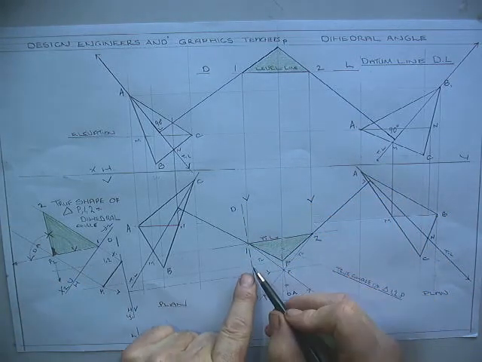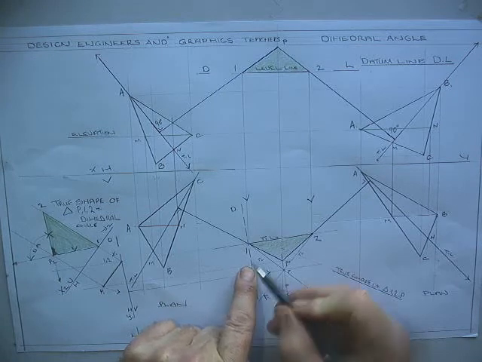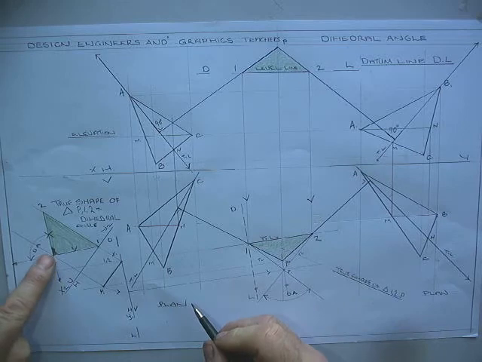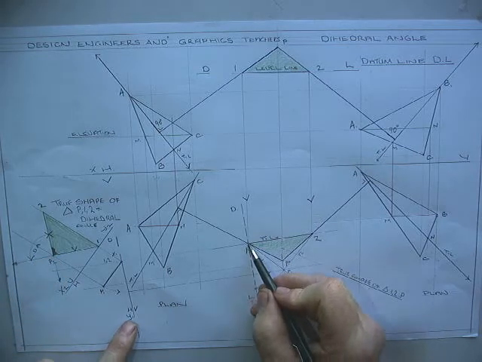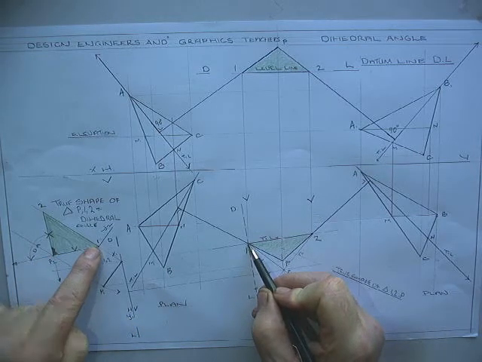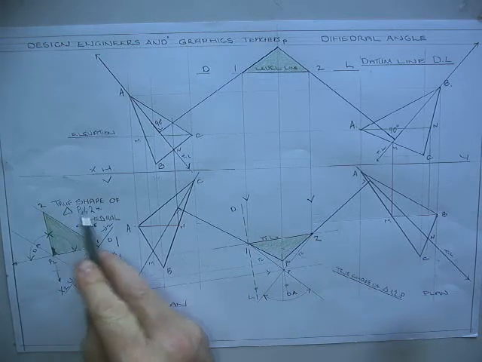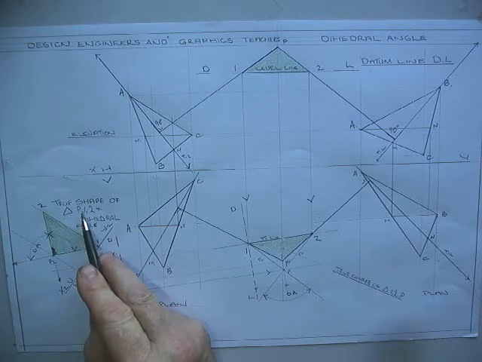Therefore, the distance from my datum line, which is taken through point 1, that distance there will be that distance there. Point 1 happens to be on the datum line, so there's number 1. And number 2 is that distance away. So down here, I've got the true shape of the triangle P12.